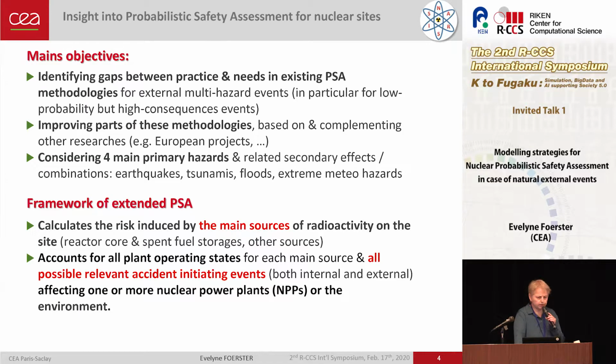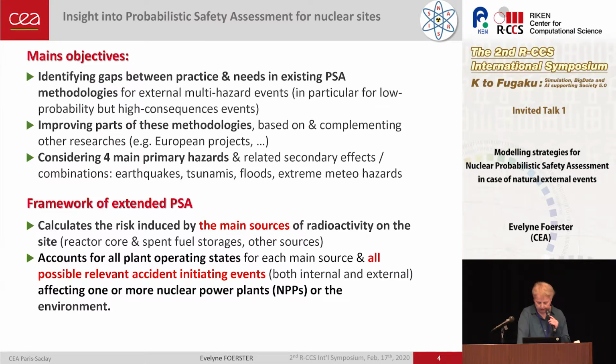So the main objective is to get improvements related to gaps that were observed in recent nuclear accidents, and with respect to what is usually done in safety, which is the probabilistic safety assessment. It's a specific methodology which I will define hereafter, and related to external events.